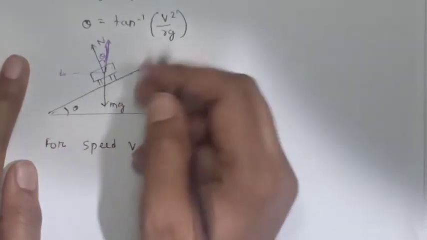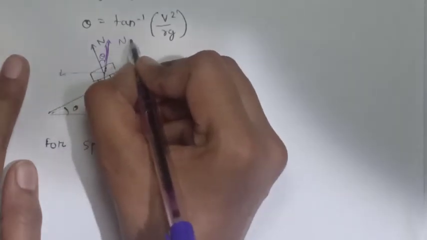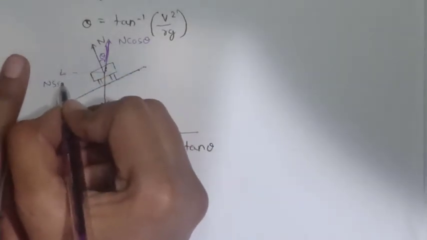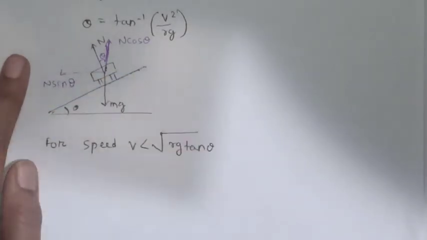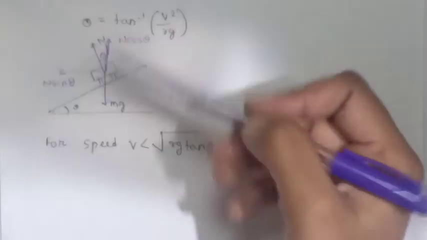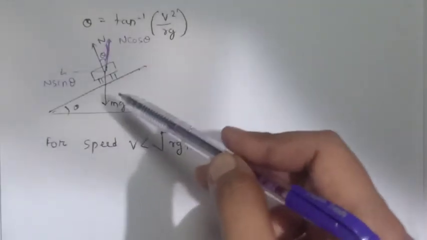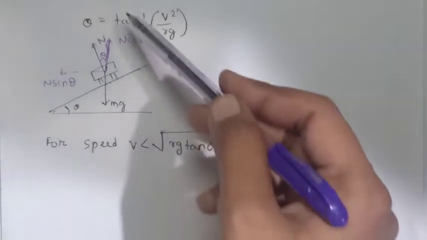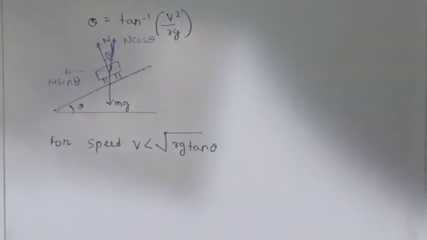This component will be given by N cos theta, and this will be given by N sin theta. These are the forces acting on the body: weight mg acting vertically downward, and normal reaction acting perpendicular to the road.